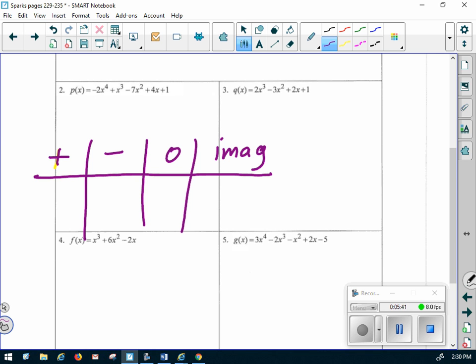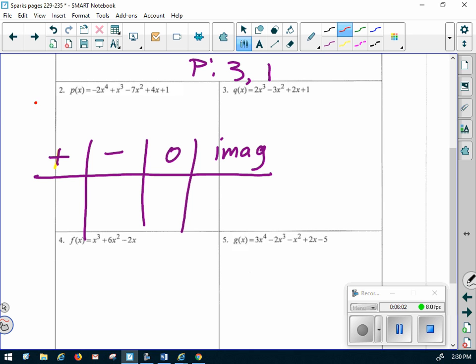How many sign changes does P of x have? 3. So the maximum number of positive real zeros will be 3, but it also could have 1. So positive will be 3 or 1.